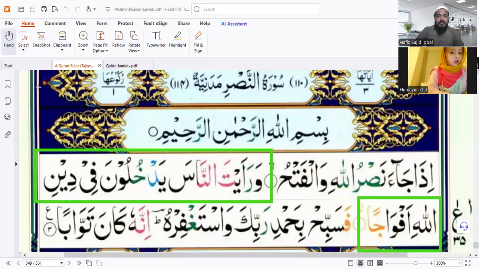This is ayat number 2, and this word will be stopped, okay? Like you did before.